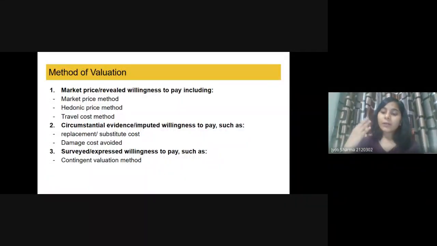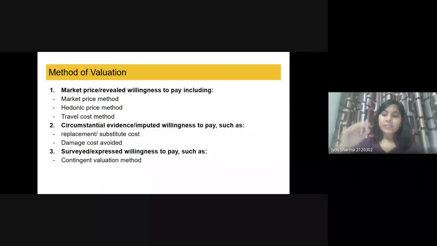So whenever you are purchasing a property, you want it to be nearer to the forest area, the ocean area or the facilities. So it means that the increment in the price of that building is due to the forest area. So this is the hedonic price method.